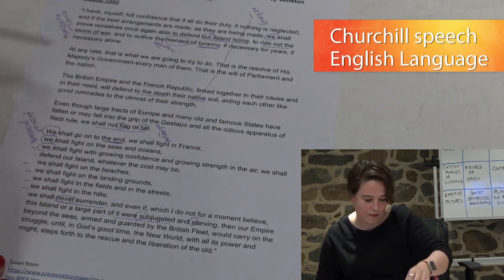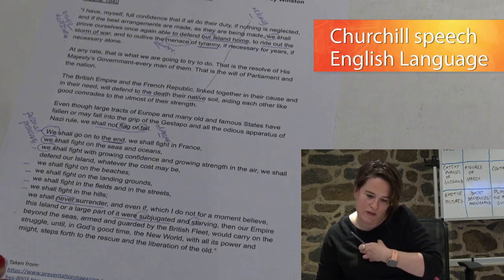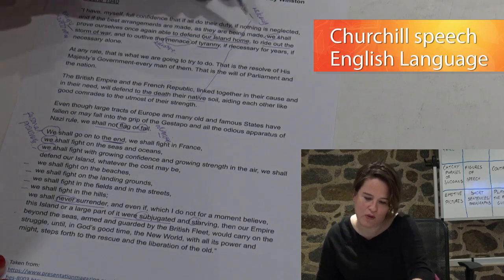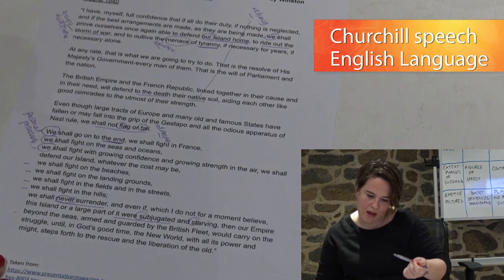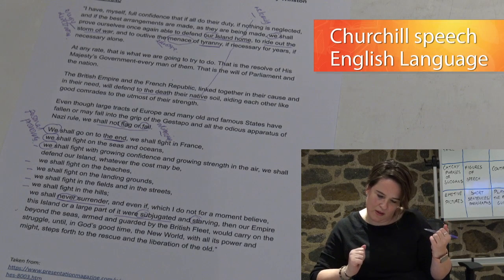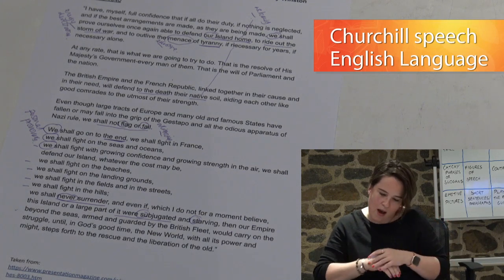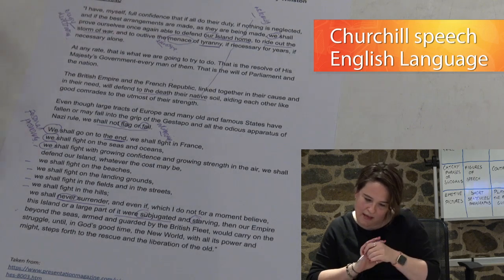So to sum up, we've got repetition, personal pronouns, we, very, very inclusive. Everyone will do their duty here, our island home. Everyone is going to have a fight. We've got clusters of three: British Empire, French Republic, linked together, native land.